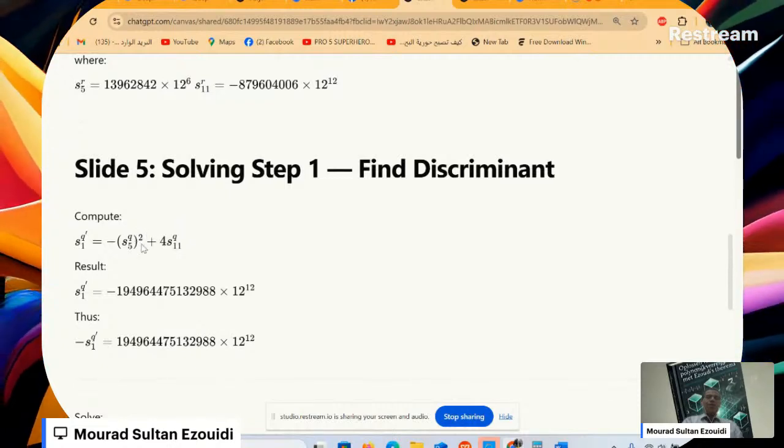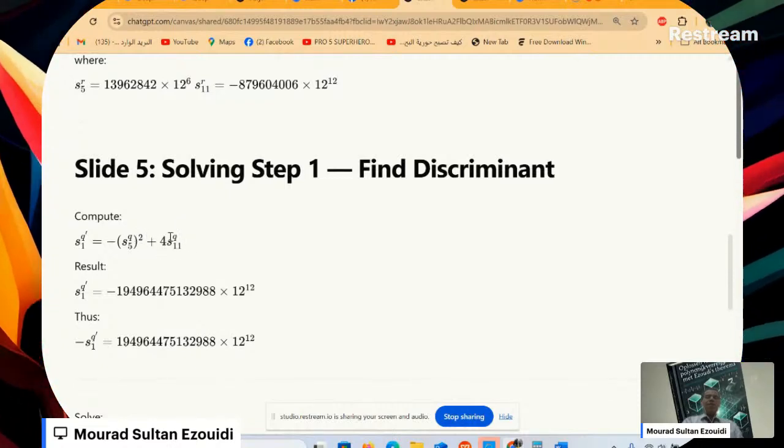of order 2 raised to the power 2 plus 4 times S1 S11 of 42. Just calculation.